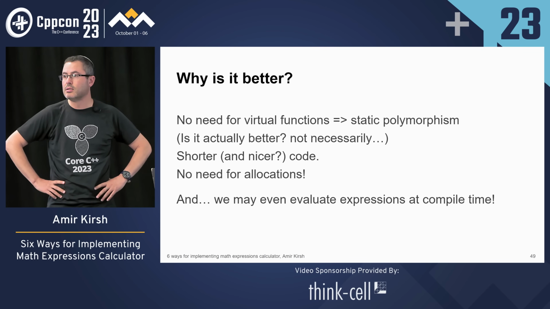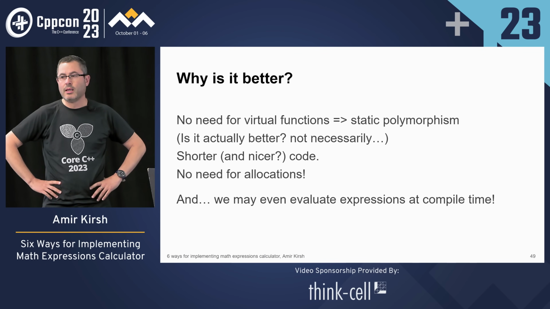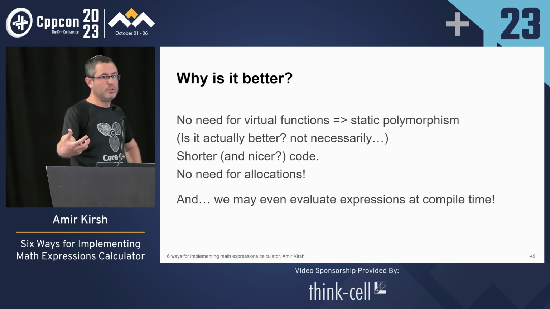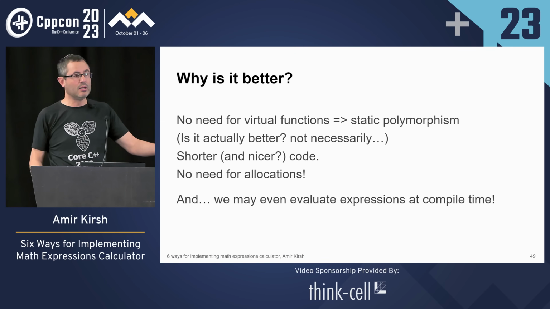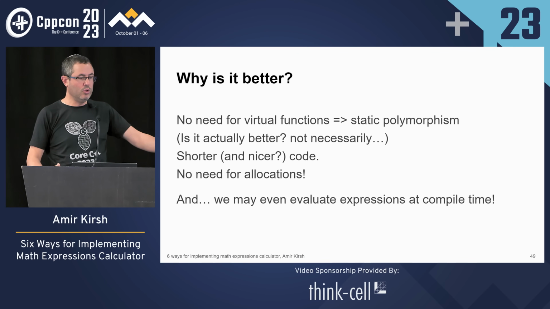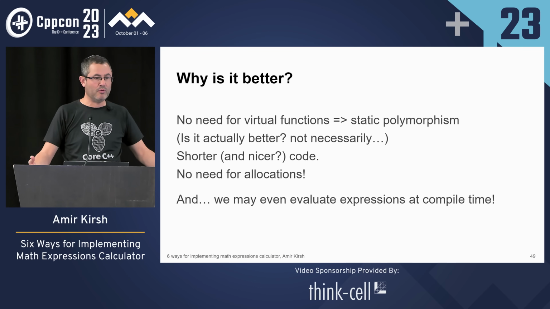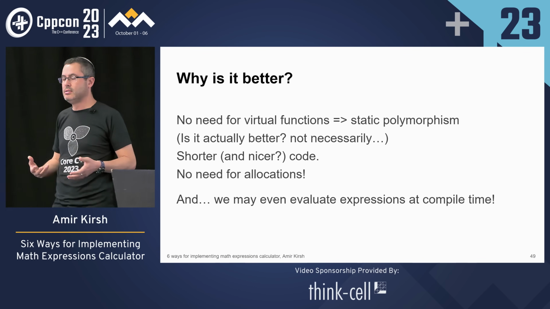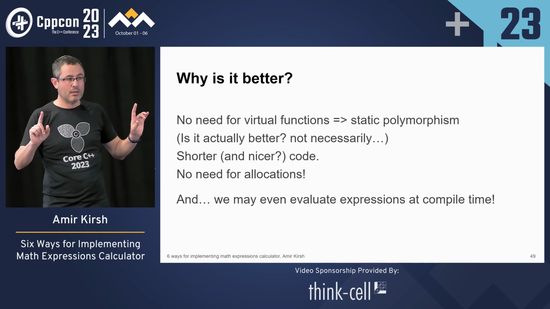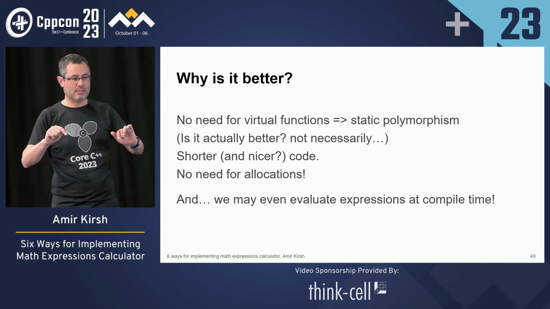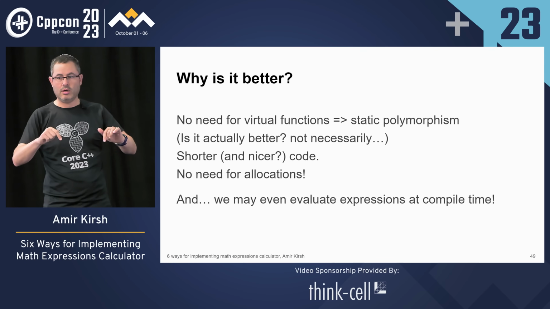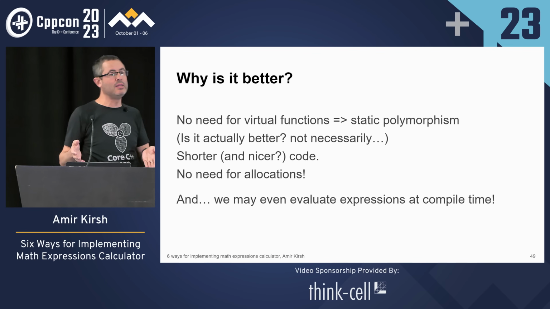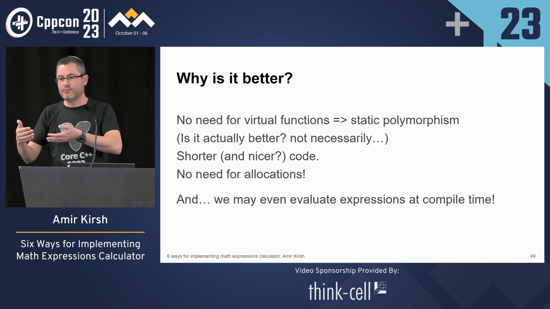In which cases? If we create the expression in runtime, if the expression that we hold should be parsed and created in runtime, then, okay, you still need to preserve some kind of polymorphism, runtime polymorphism. But in case the expression is being created at compile time, by the way, the actual arguments for the expression can be provided in runtime even if you're using templates, because they are provided for the constructor.